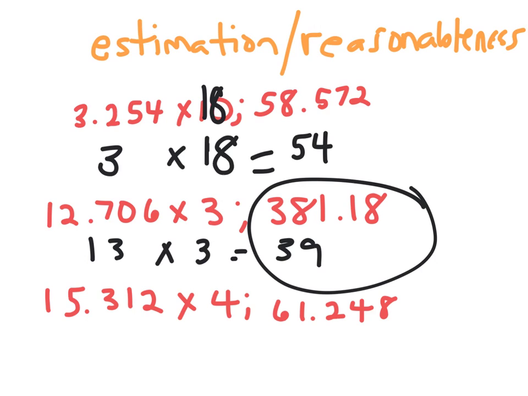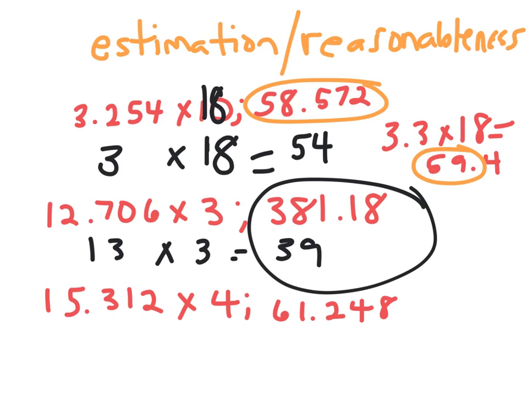Before I do the next problem, I'm going to go back up here to this problem because I rounded this down to 3 right here, but I could have done, if I wanted to, 3.3 times 18, and I would have gotten 59.4, and now I can see that I am super close to what that answer was.